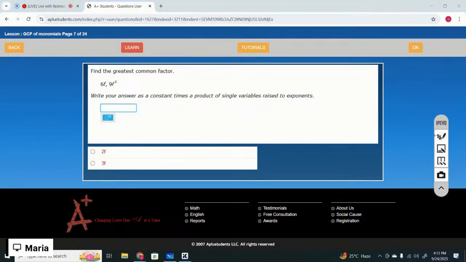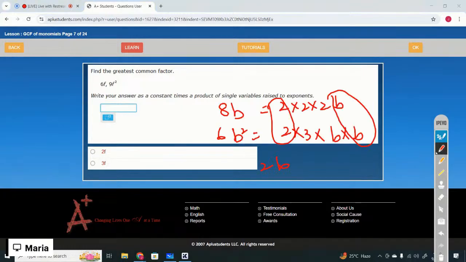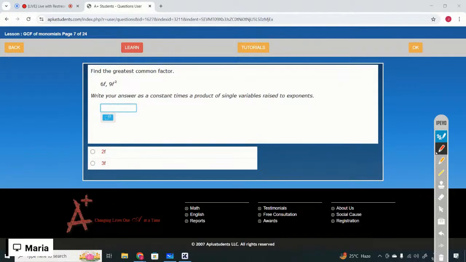Find the greatest common factor of 6f and 9f square. So which is the correct option?